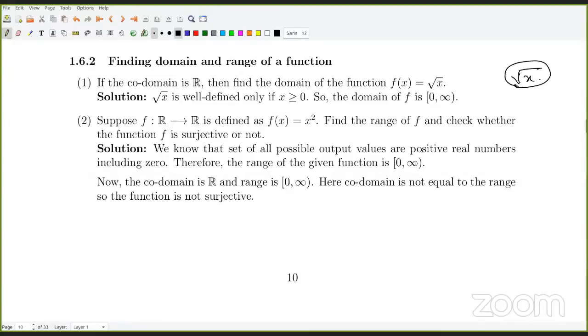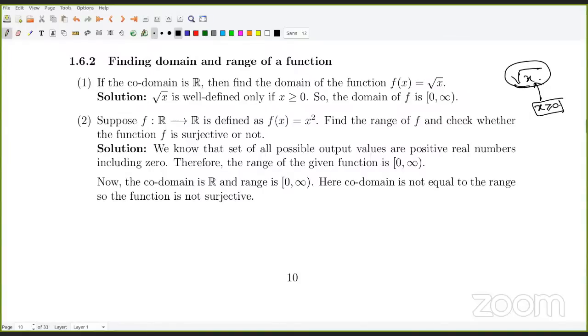If this square root should be a real number, then my x should be positive. Greater than or equal to 0, sir. Yes, greater than or equal to 0. If I put values greater than or equal to 0 in this square root, I will get a real output. If I input a negative number, it will give me a complex number, and we treat complex as not defined. In this course, complex is not defined.